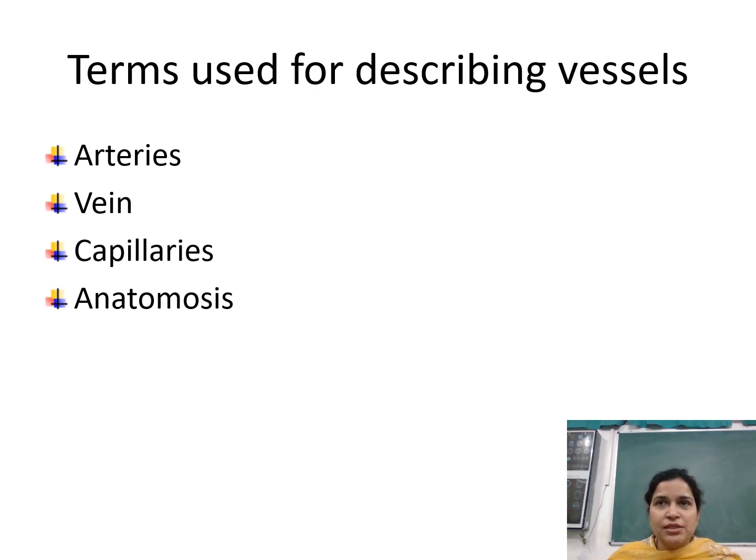Now, which are the veins? As compared to the arteries, the veins have a thin wall in their tunica. So thin wall, low pressure, lumen often collapsed, bluish in color.